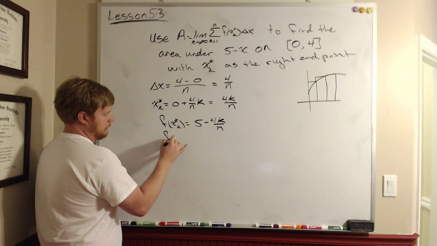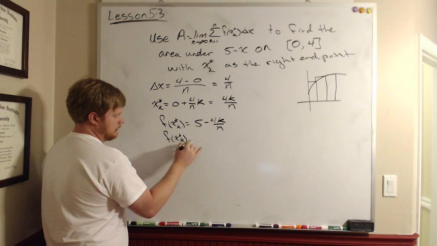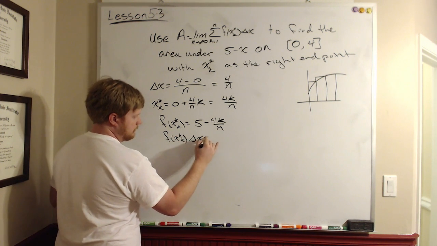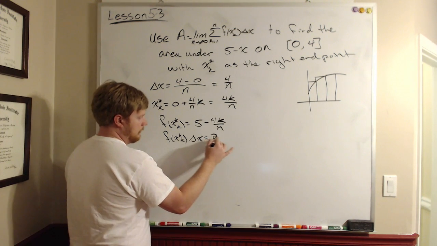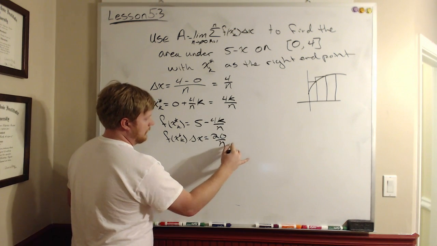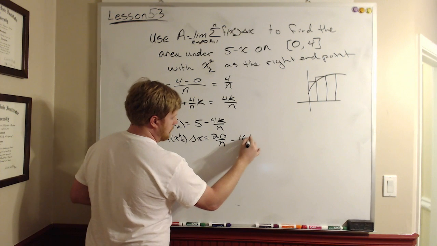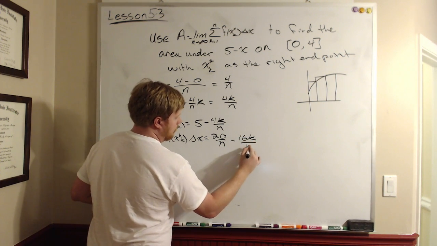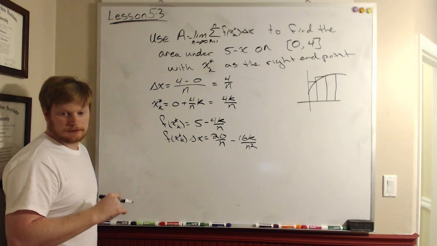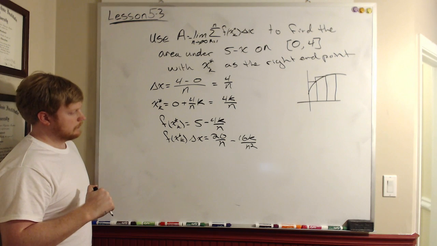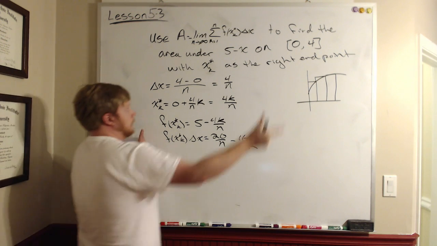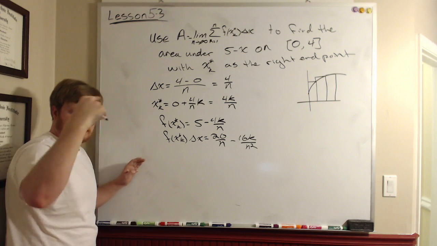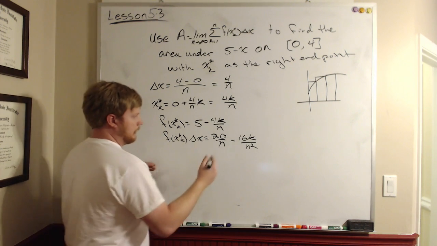And f of x star k times delta x is 20 over n minus 16k over n squared. Now I'm just taking this and sticking it in there, doing exactly what we did in that last problem.